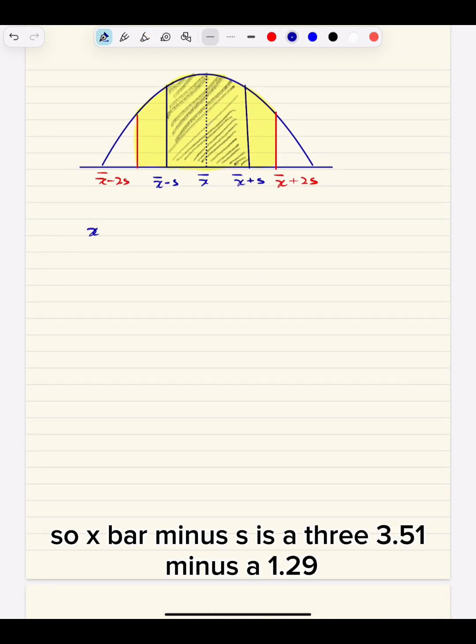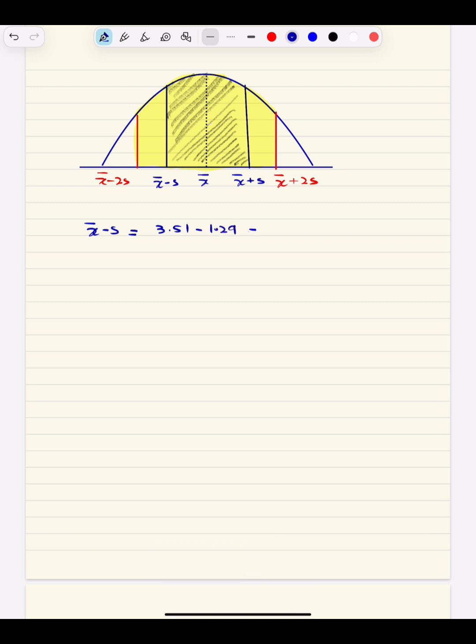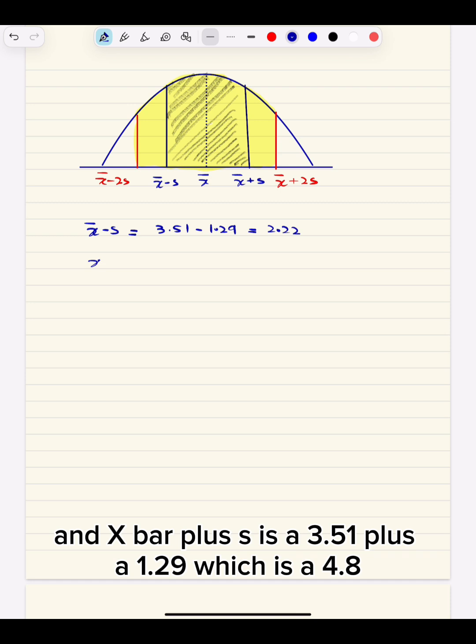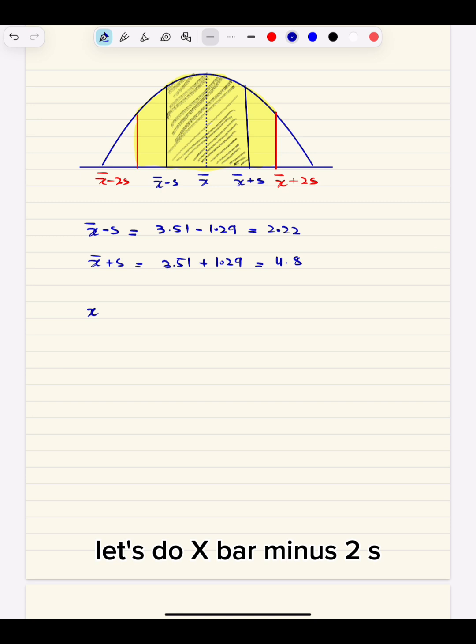So x bar minus s is 3.51 minus 1.29, which is 2.22, and x bar plus s is 3.51 plus 1.29, which is 4.8. Let's do x bar minus 2s.